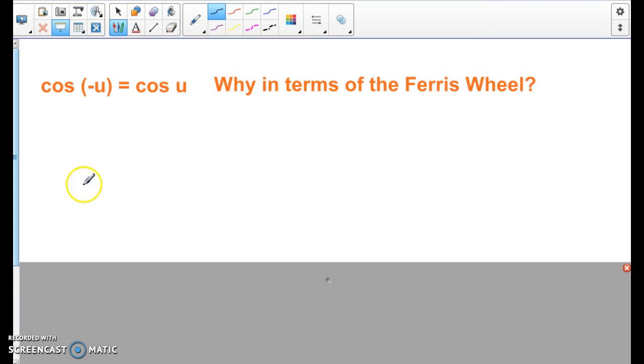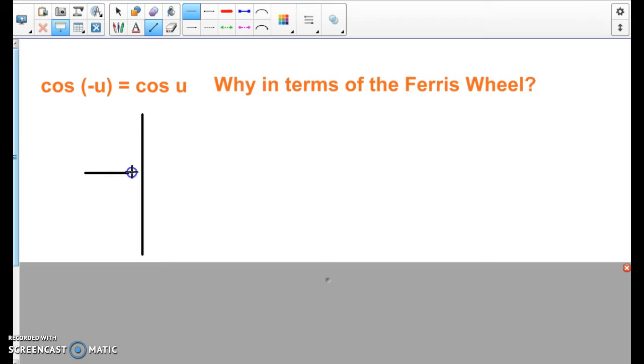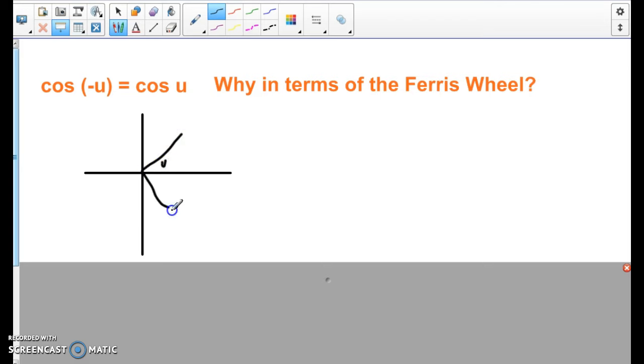So now we have to look at the cosine of negative u equals the cosine of u. And so let's once again go back to our fireworks experience. I believe you wrote about these in your portfolio. Here is u, here is negative u. You need to remember that cosine talks about the left or right position of the Ferris wheel.